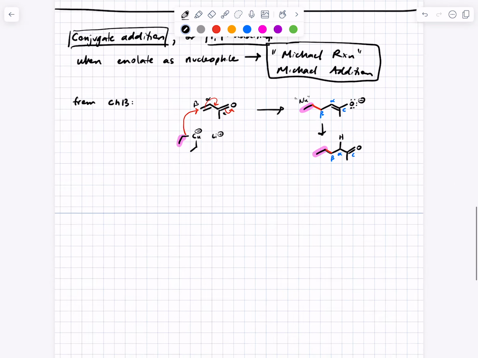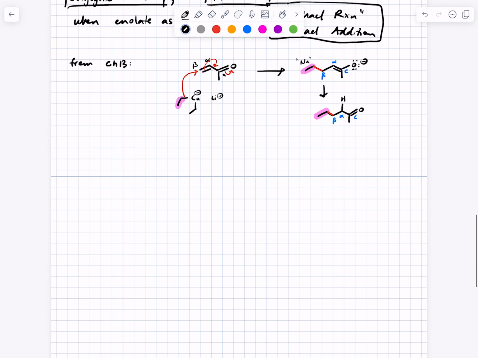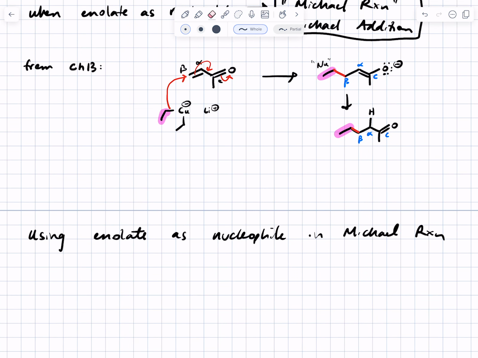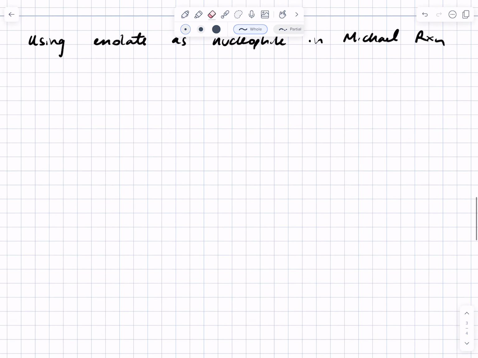So let me give you an example of using an enolate as a nucleophile in a Michael reaction. We're going to use the same alpha beta unsaturated, well, maybe not exactly the same.